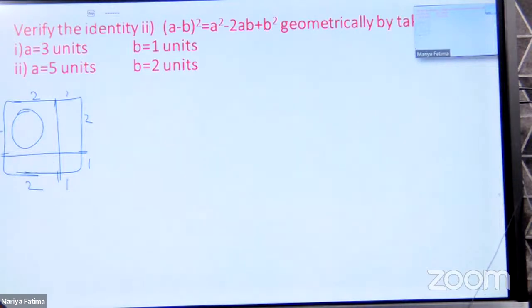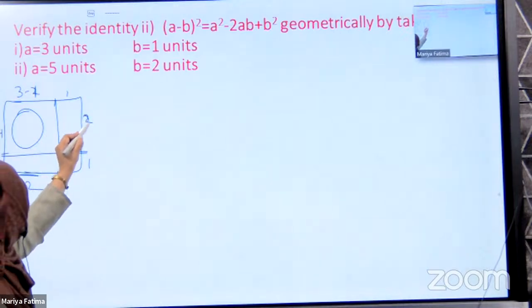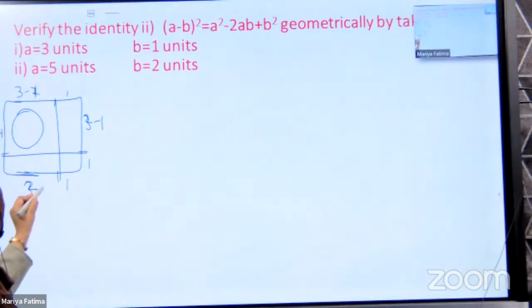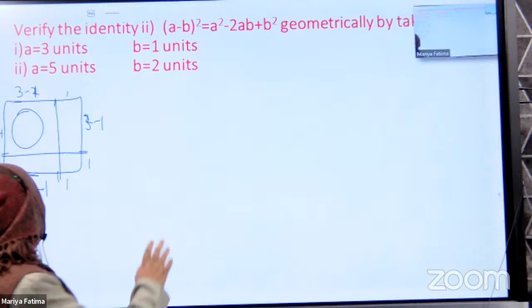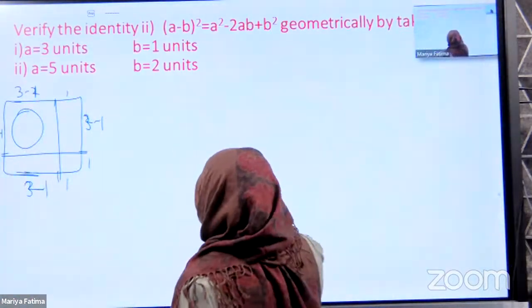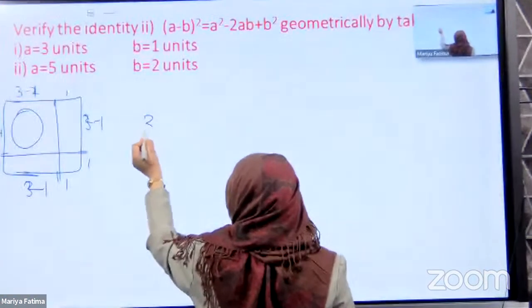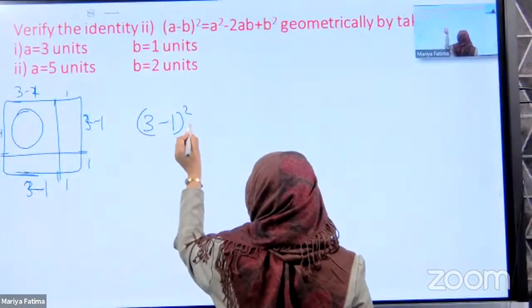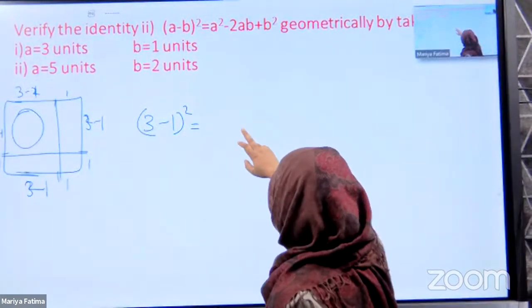You can write this as 3 minus 1, and this will also be 3 minus 1, and this will be also 3 minus 1. Now we have to find out (a minus b) whole square. The value is (3 minus 1) whole square. That will be equal to what?